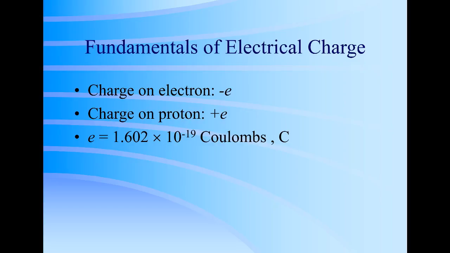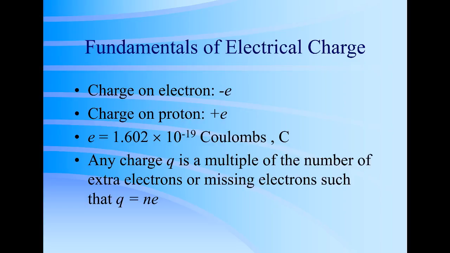It turns out that in order to get a couple of coulombs, you need something about the size of a lightning bolt. So one difference between charge and mass is that a little bit of extra or excess charge has a very big effect.